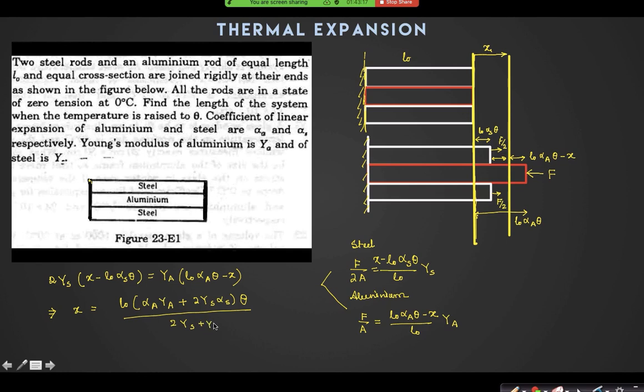Right? And the length will be L naught plus x. L naught plus x will be your answer.